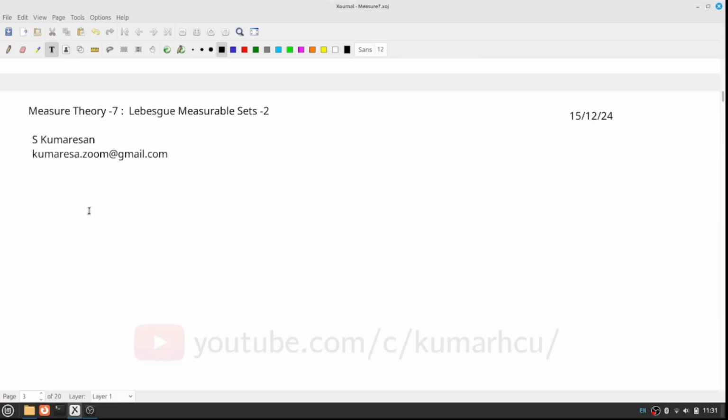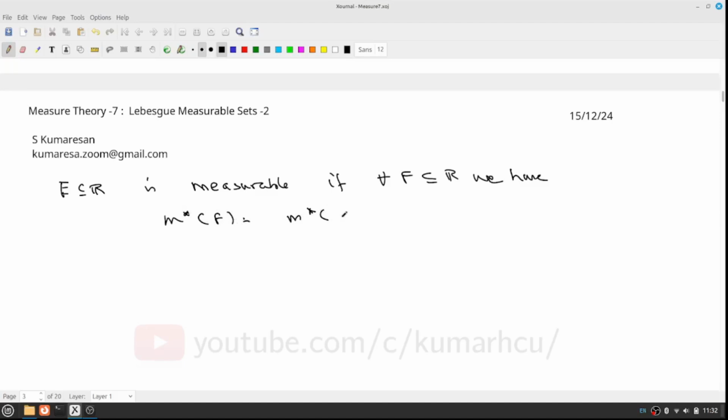So let us quickly recall. E, a subset of R, is measurable, using Carathéodory's definition, if for any set F in R, we have m star of F equals m star of F intersection E plus m star of F intersection E complement.